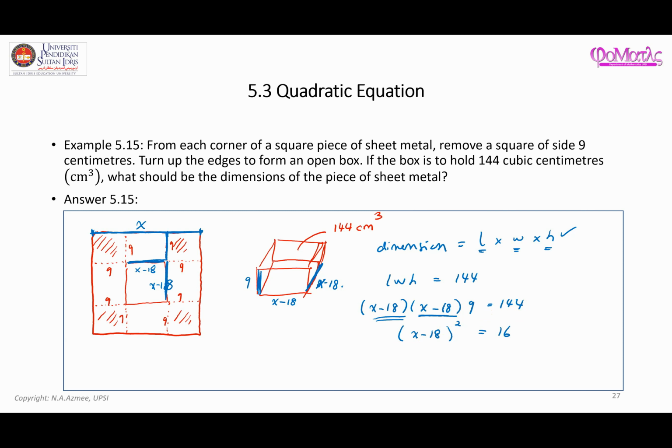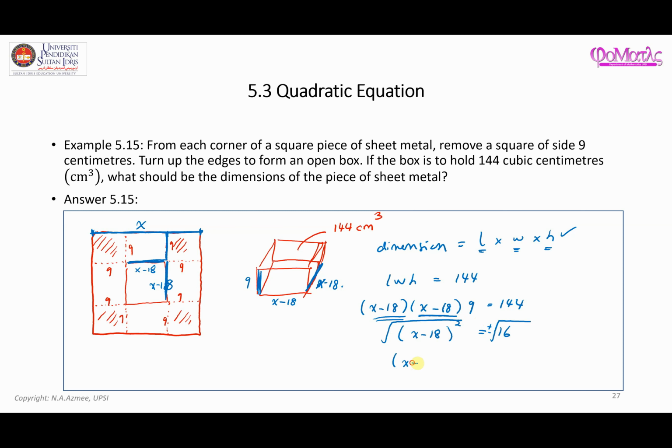So now if I want to get rid of the exponent of the square, I need to introduce square root. So I'm going to introduce square root over here, and the same thing must also be applied on the right hand side, plus minus, don't forget the plus minus sign.